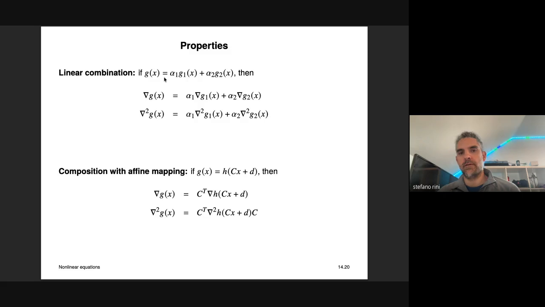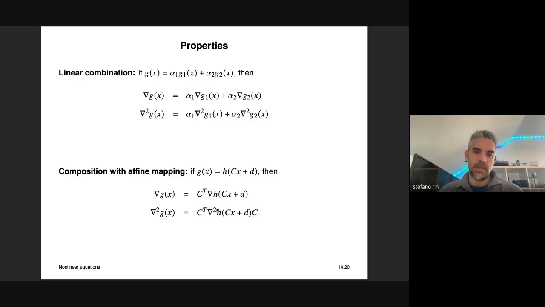Yeah, so if we have a function which is a sum of functions, then both the Nabla and Nabla square operators, the gradient and the Hessian, are linear operators. If we have a composition of mappings, then we have this composition rule, right? If we add a constant d, then this has no influence on our Nabla.